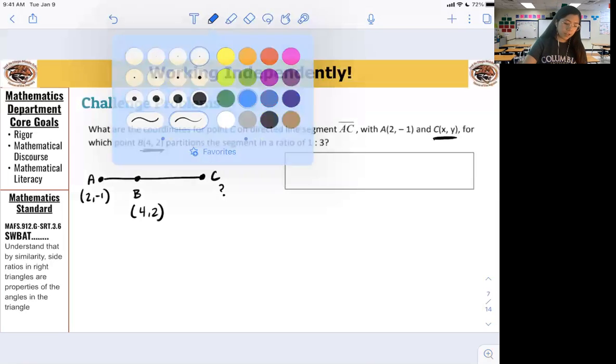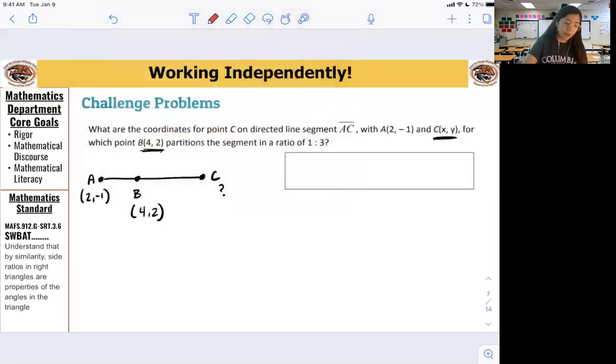So what is my ratio? Or what is my fraction? If this is the ratio, what's the fraction? Good, 1/4. So the fraction is 1/4. Now, usually, where do we start? What do we usually find first? Usually we find the rise and the run. But we can't really do that, right?